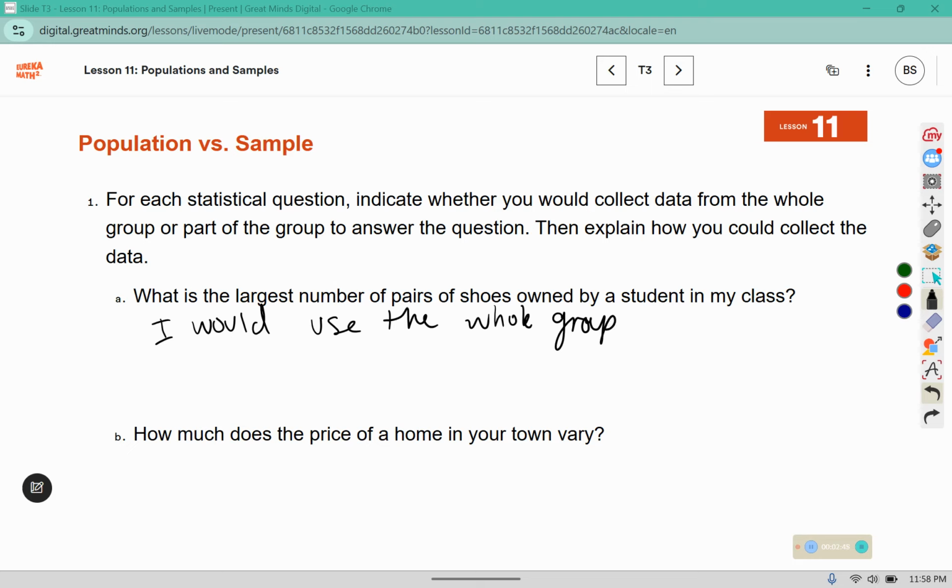And then we need to explain how we would collect the data. We can ask everyone in our class to write down how many pairs of shoes they own.